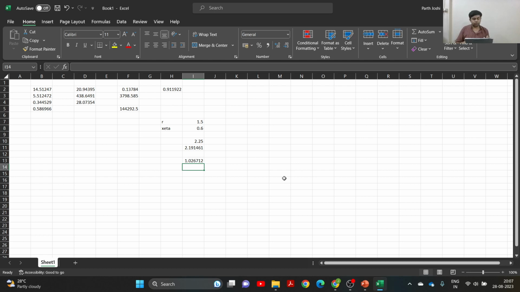And the other possibility is r square upon 1 minus r square is equal to minus 1.